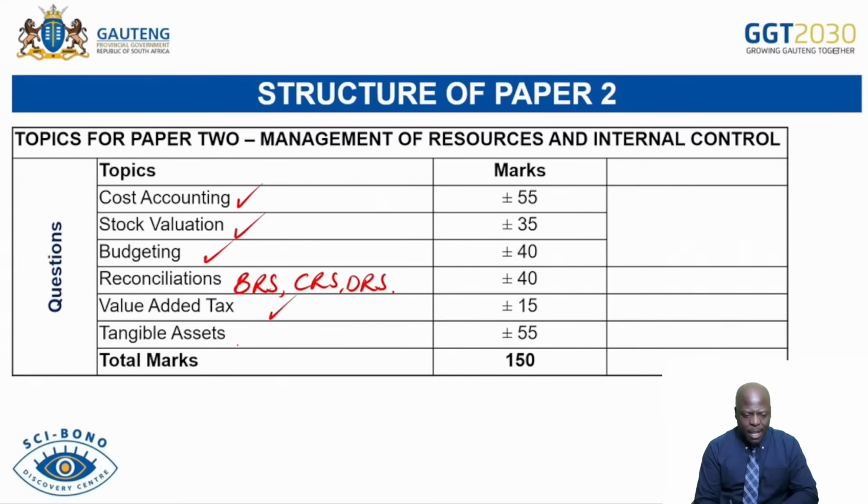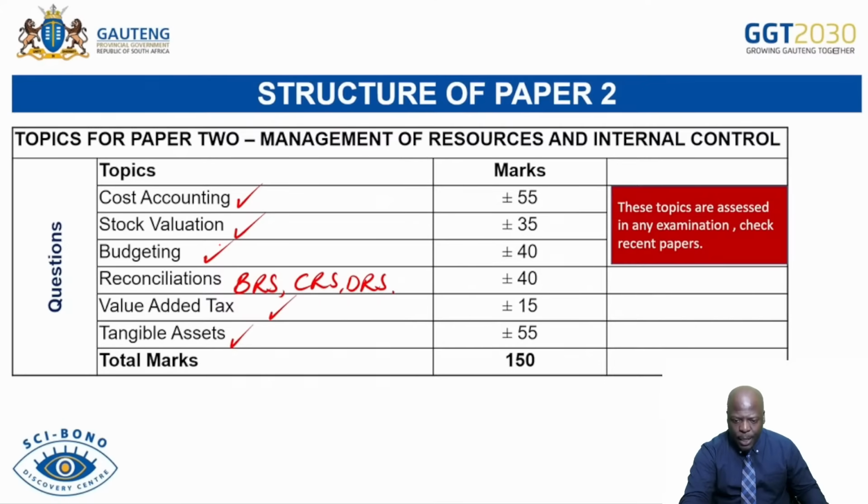And then very key that you also look at your tangible assets. That is calculations and the completion of certain notes like note number 3, as well as problem solving. So these are some of the aspects that can be covered on the topics for our paper 2, which we're set to write in the next few hours that are to come.